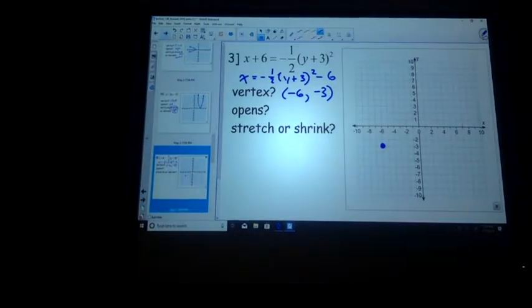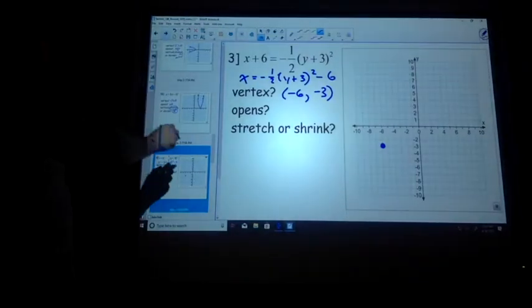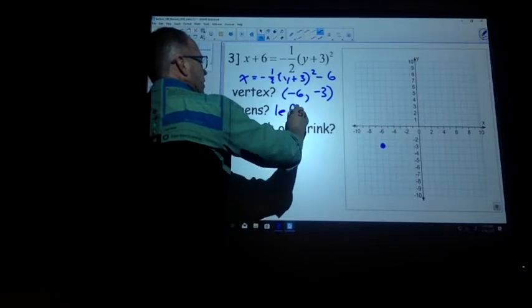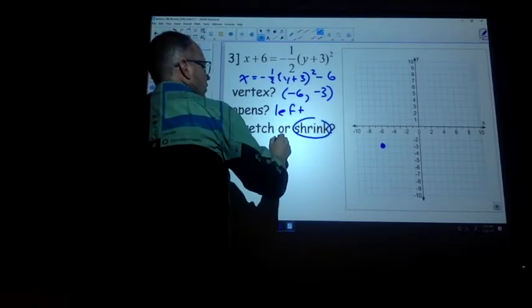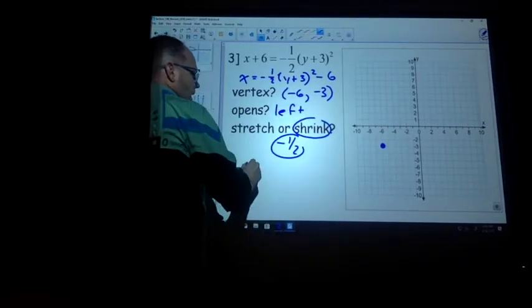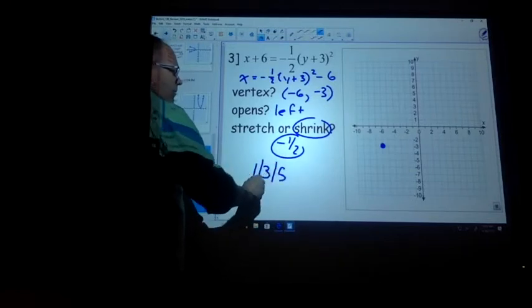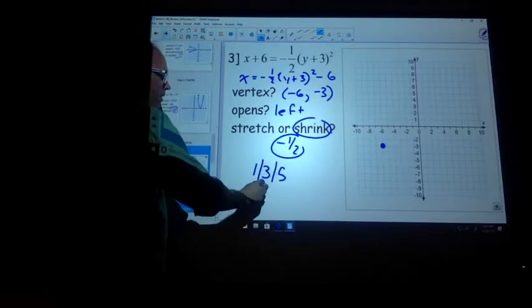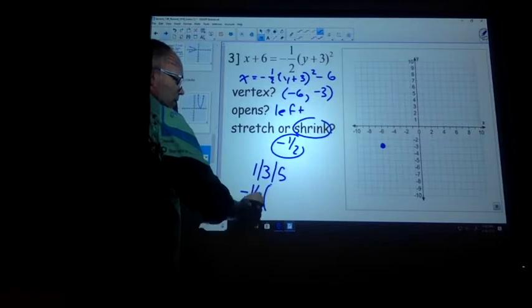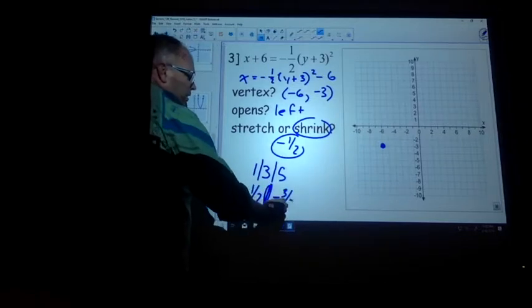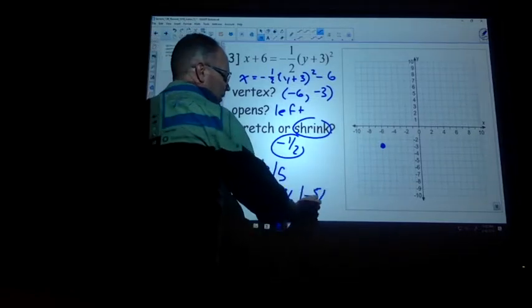It's going to open left or right. Left because I have a negative. And it's going to shrink by a factor of -0.5. So rather than going 1, 3, 5, it's going to give me -1/2, -3/2, -5/2.